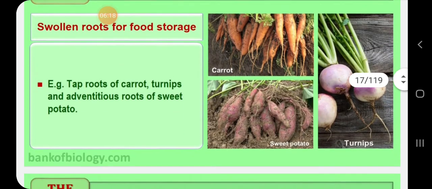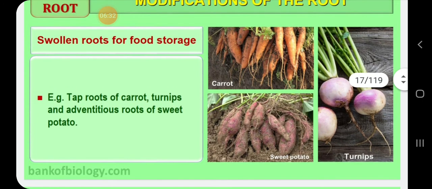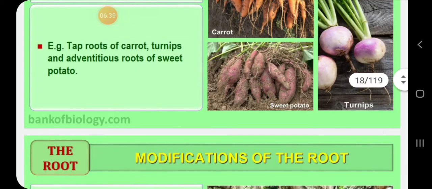One by one, first swollen roots for food. Taproots can be seen in carrot and turnip, and adventitious roots in sweet potato. These modifications function for the storage of food.